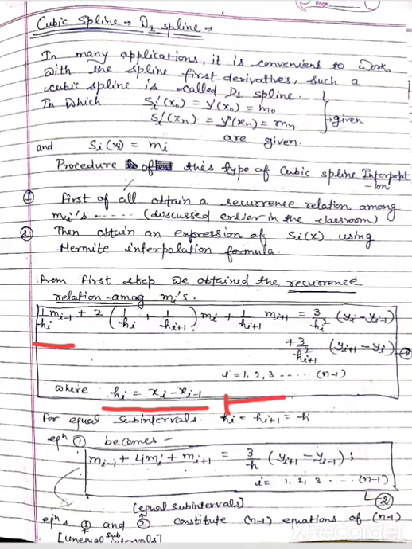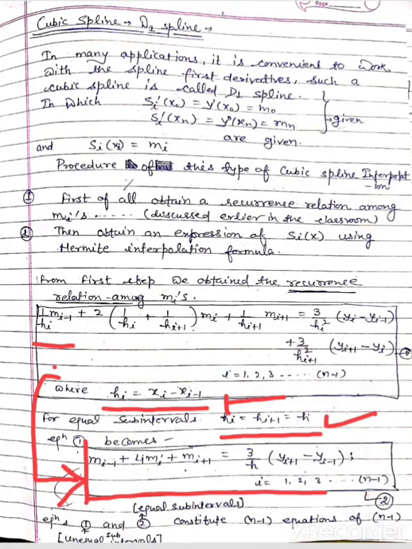If the subintervals are of equal length, then in this condition all the hi plus 1 will be equal, and let us take this value equals to h for all. Now for equal subintervals, equation 1 converts into equation 2, and this represents the relations among different mi's.